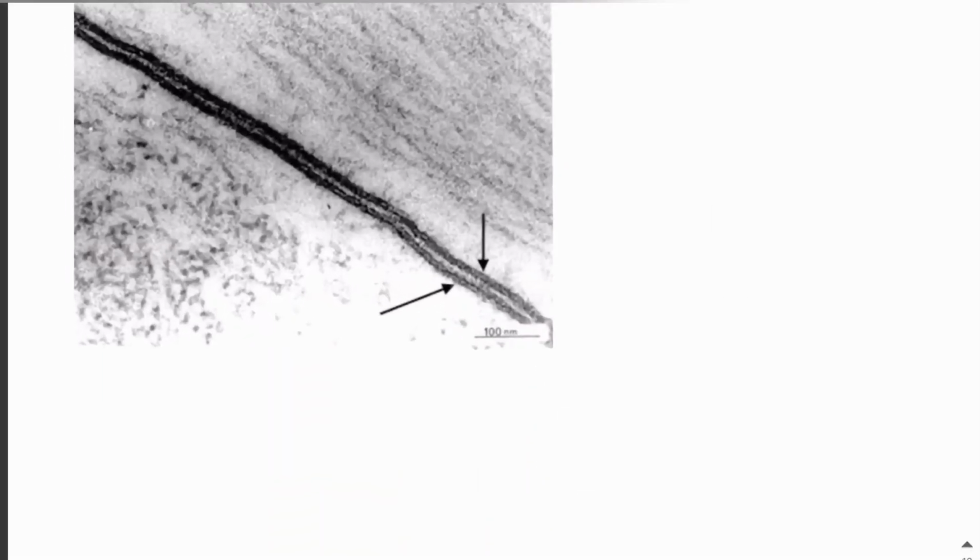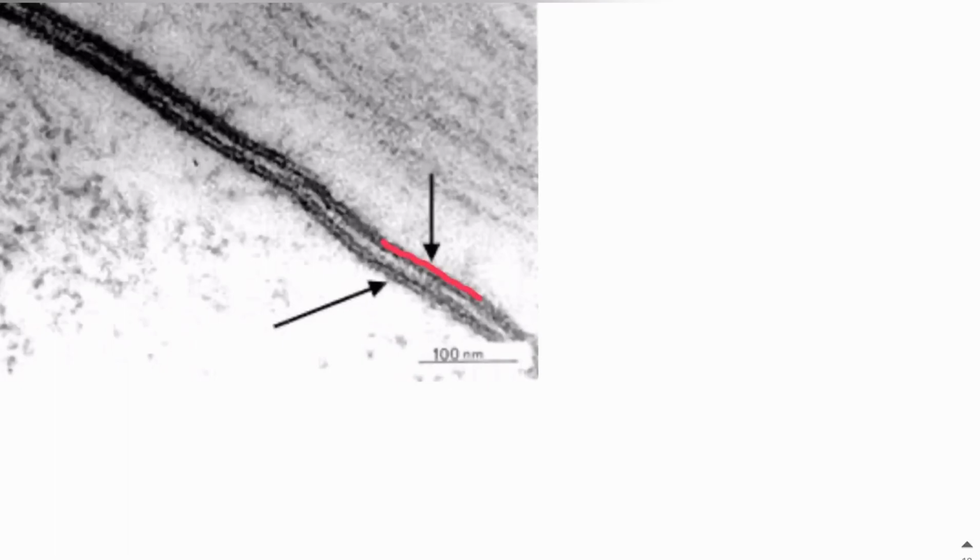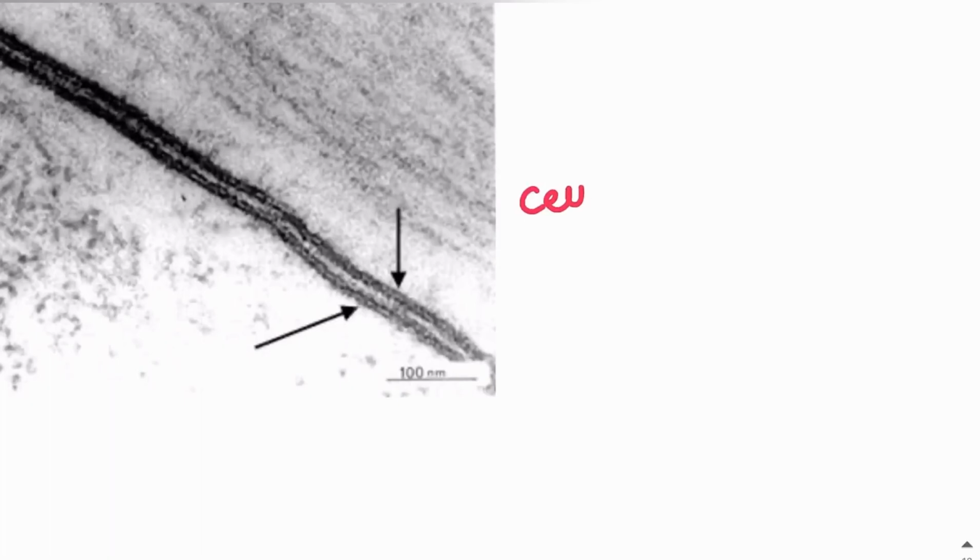And guys, this is the cell surface membrane or the plasma membrane. So how did I recognize this? Because under the electron microscope, the cell surface membrane appears trilaminar. There are three layers. There are two dark lines or two dark layers, and there is a pale layer in the center, right? So basically this is the cell surface membrane.